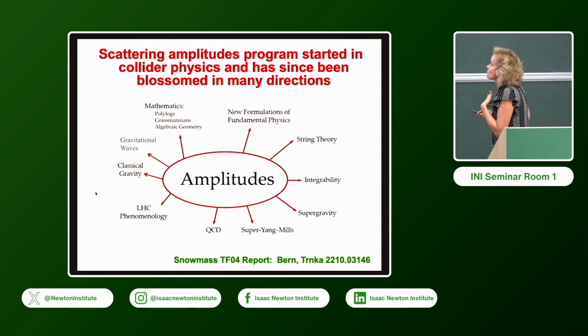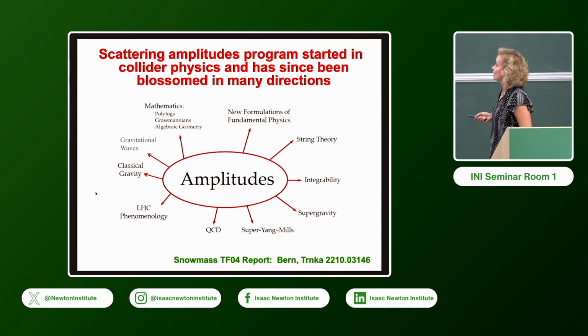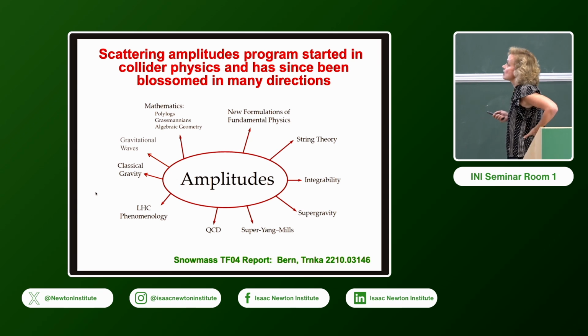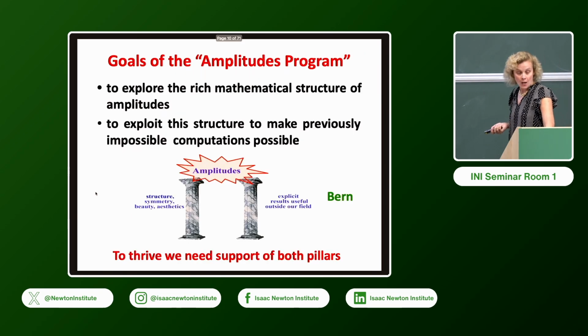People do different things: there's string theory, there's integrability, it goes to supergravity. Of course, it started with LHC collider physics. People are computing classical gravity and gravitational wave processes. And my interest mostly has been in N equals 4 and in related mathematics. So that's what I will talk to you about today.